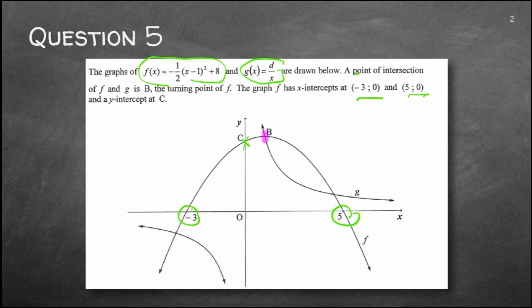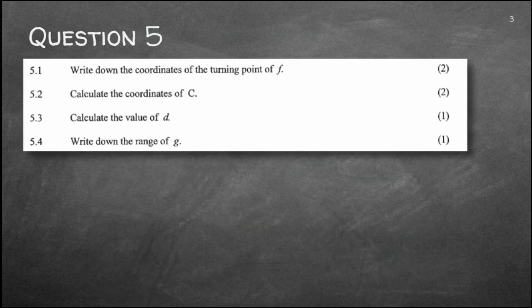Right. Let's quickly have a go at the first question. Write down the coordinates of the turning point of f. Now, very important, if they already give it to us in the format of -1/2(x - 1)² + 8, this is the turning point format. We can just say it is at (1, 8).